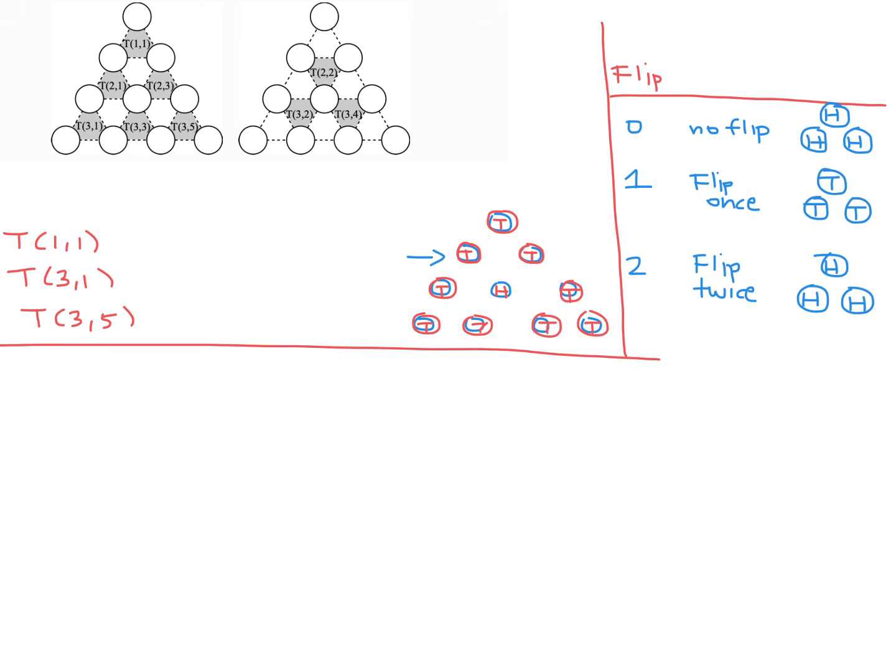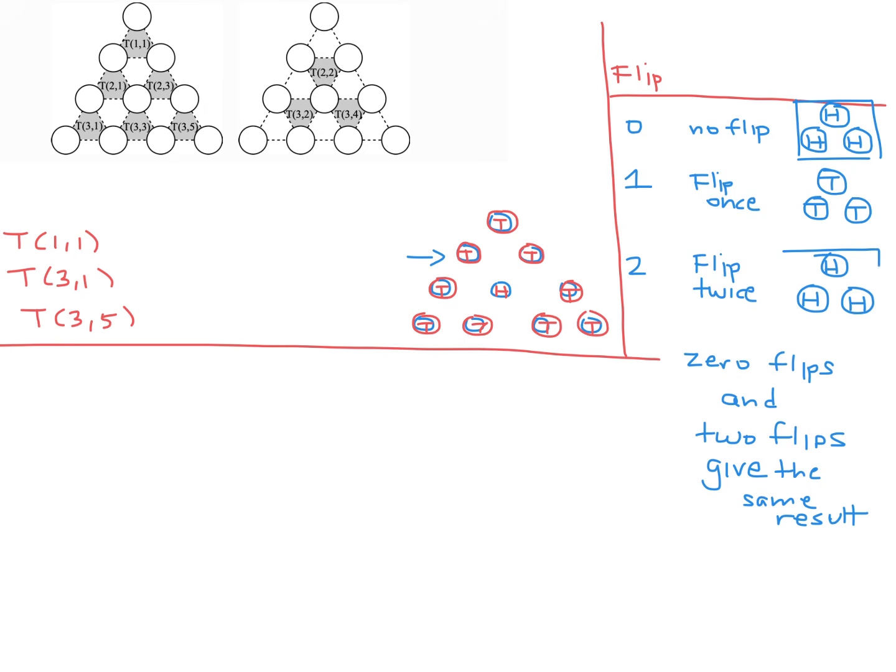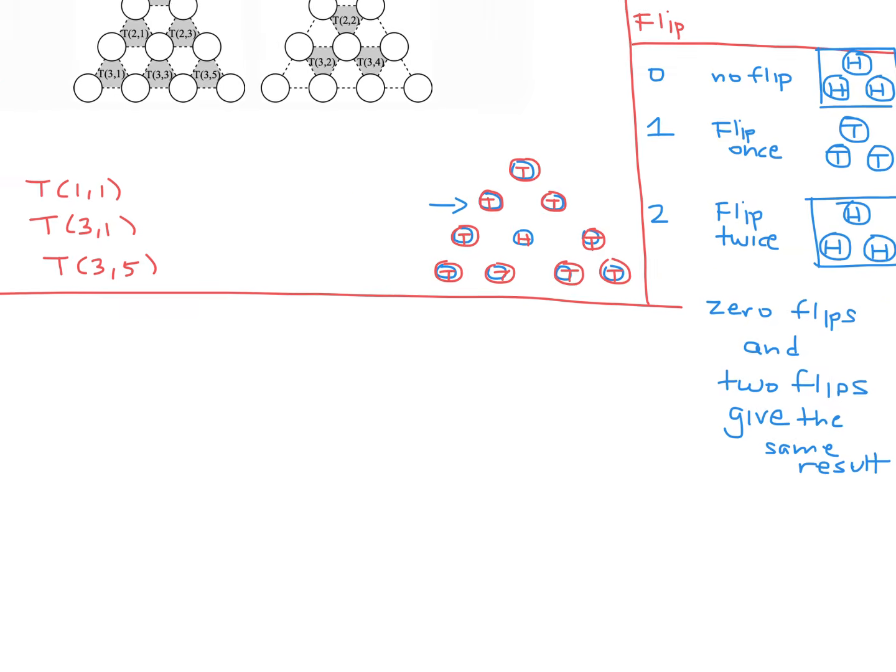So what that means is that 0 flips and 2 flips give the same result, as you can clearly see. So this is 0 flips right here, and then 2 flips is right here. They get the same result. So that is very important to talk about.